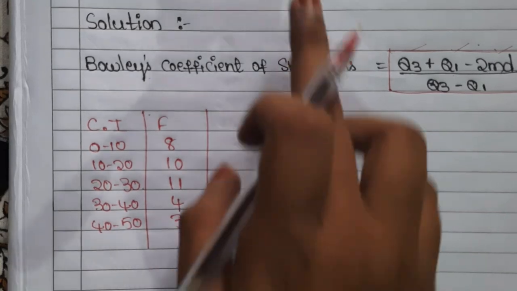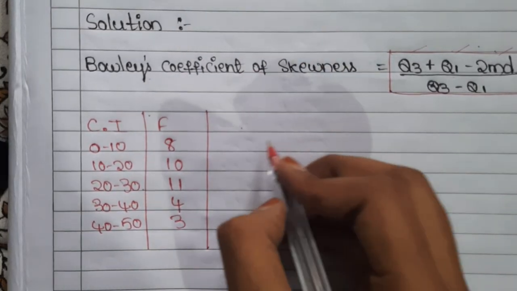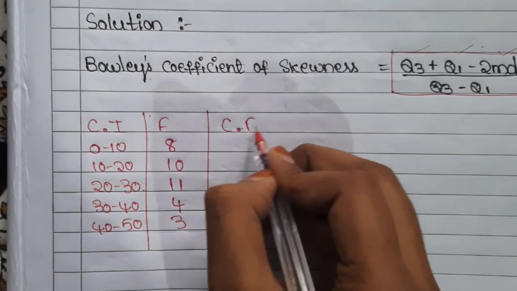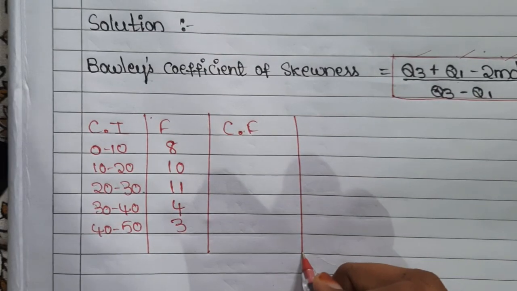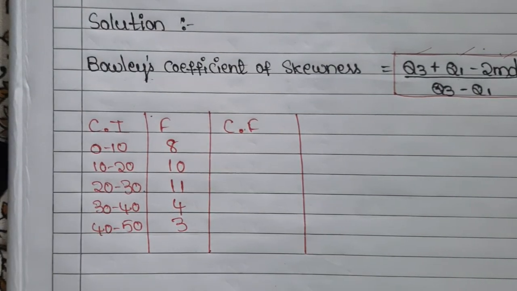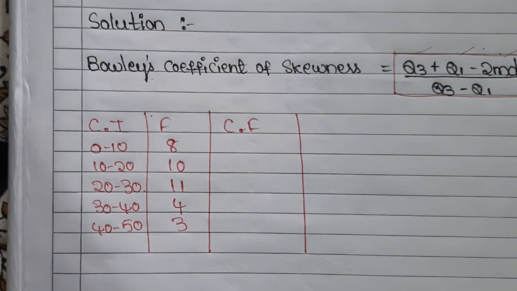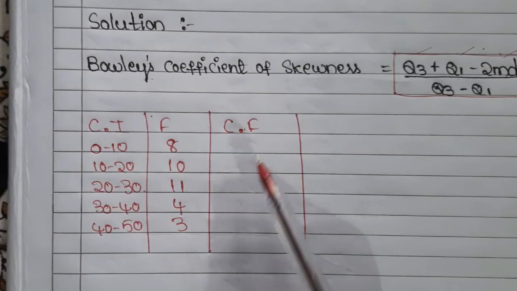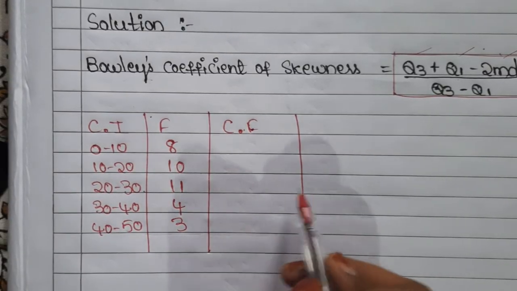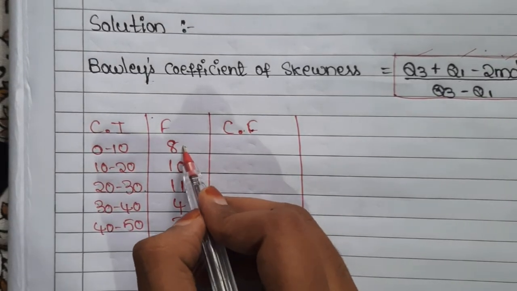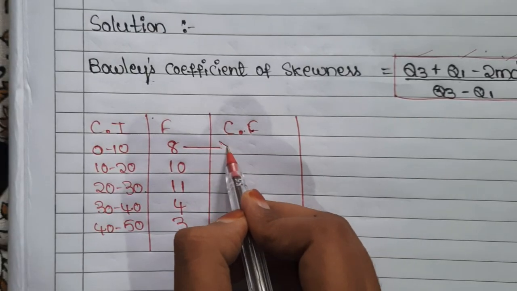After getting both of these from the question, we should find the cumulative frequency. In our previous videos on the calculation of mean, median and mode, I showed you how to calculate cumulative frequency. The first frequency you take as it is.